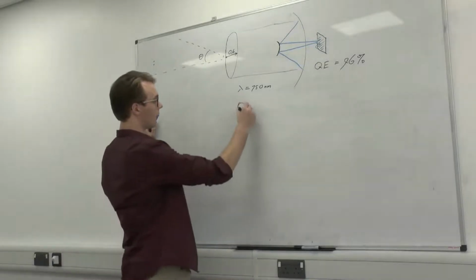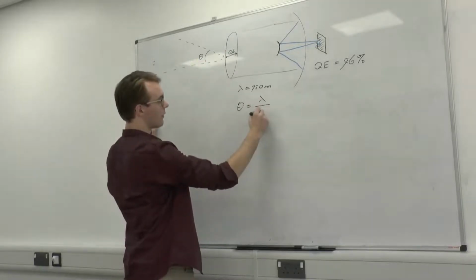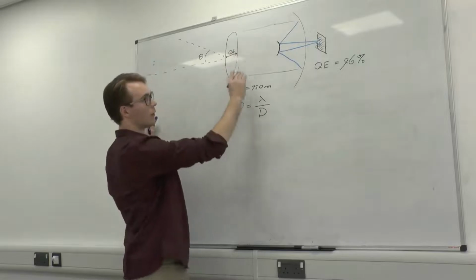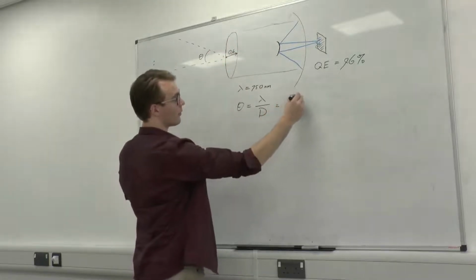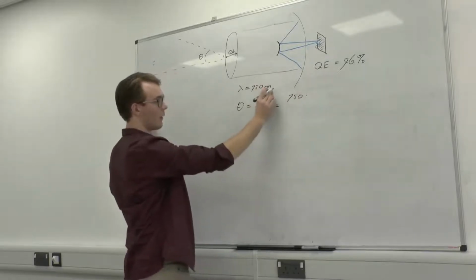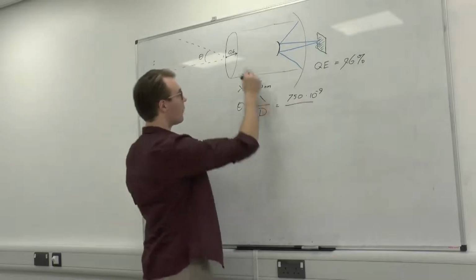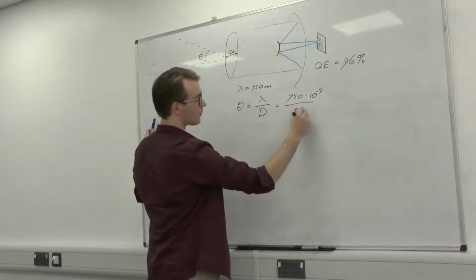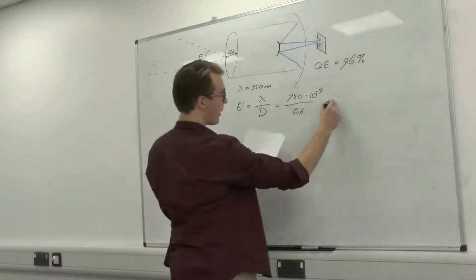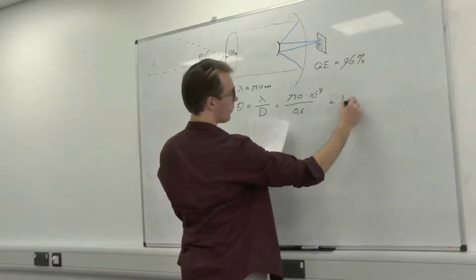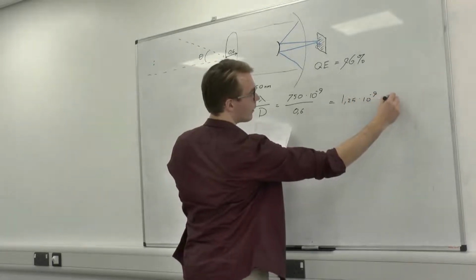The equation is that this angle is going to be lambda over the diameter of this mirror or lens of your telescope. So it's going to be 750, and these are nanometers, so this has to be times 10 to the minus 9, and then you divide it by 0.6. Then you see that the angle in radians is 1.25 times 10 to the minus 9 radians.